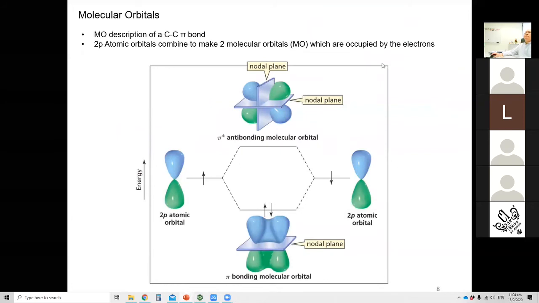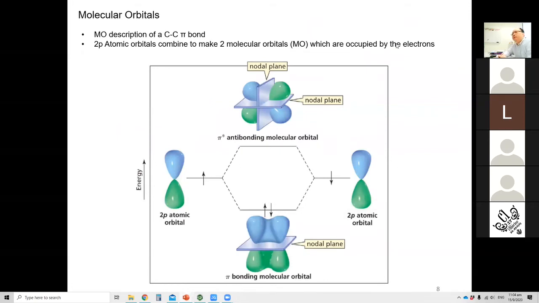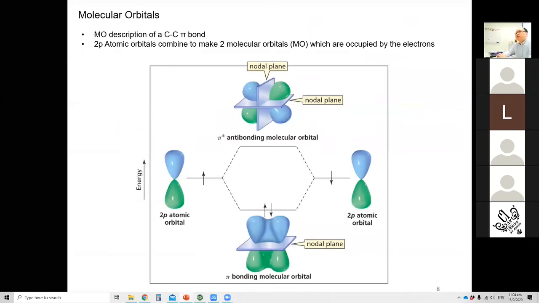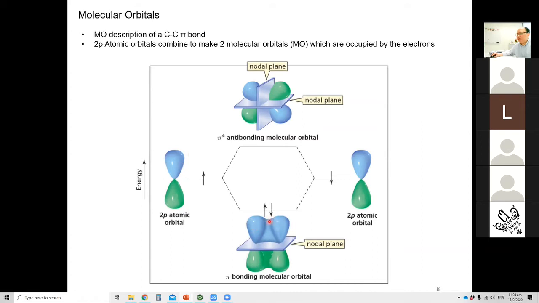All right. So from the molecular orbitals, the description of a C-C pi bond is like you have two p orbitals side by side, right? So this is what we talk about as a pi bond, because these two p orbitals share bonding side by side, okay? And it has a plane. The plane is the alkene plane.